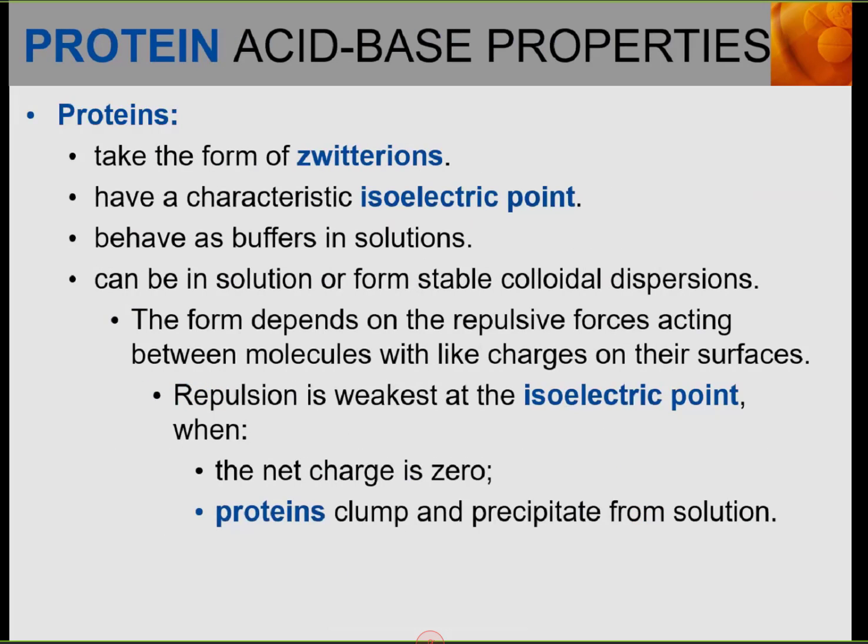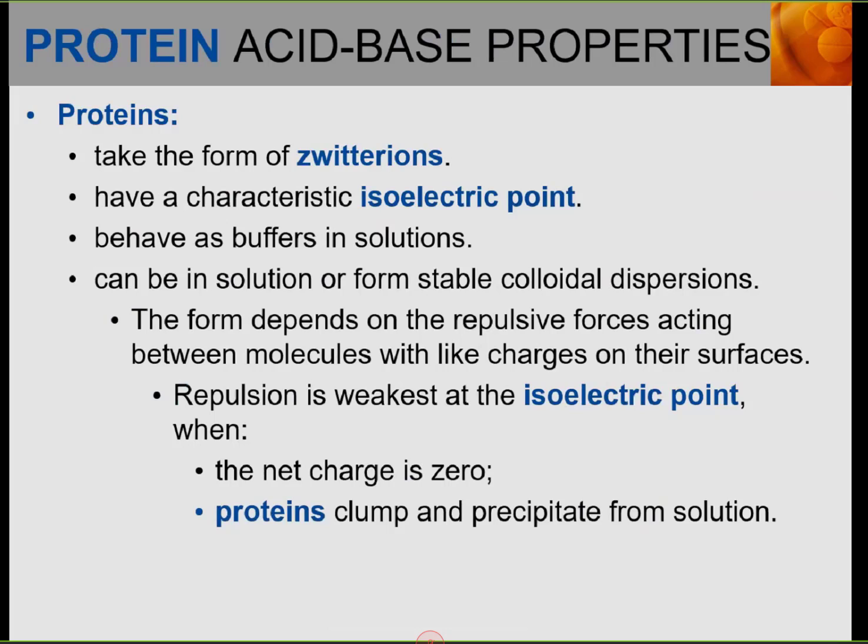So proteins take on the form of zwitterions, again, with the amino group positively charged and the carboxylic group negatively charged. And they have a certain isoelectric point, again, it's pH dependent. Proteins behave as buffers.